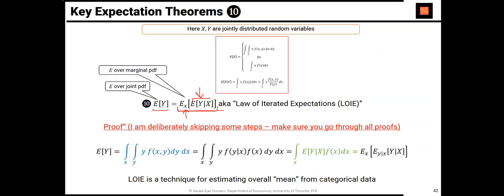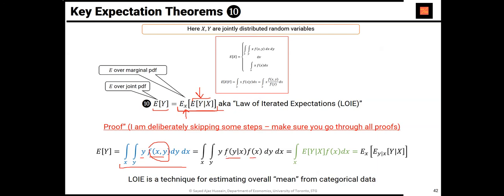Here's a proof. What's the expectation of y using the joint density? I take y, multiply by the joint PDF of x and y, and integrate over x and y. But you already know that the joint density is the conditional density of y given x times the density of x.